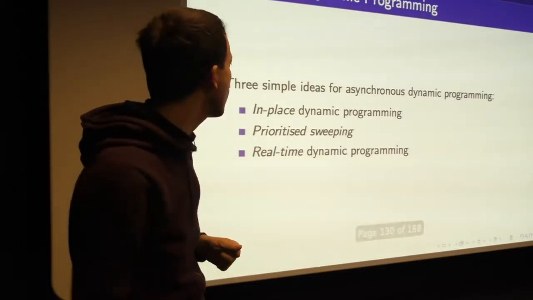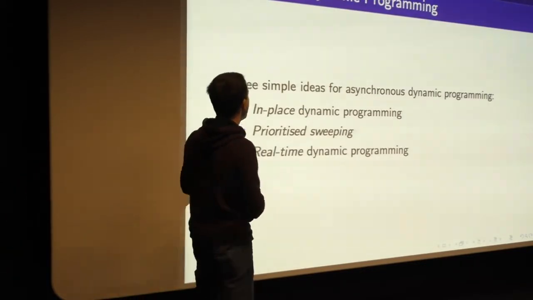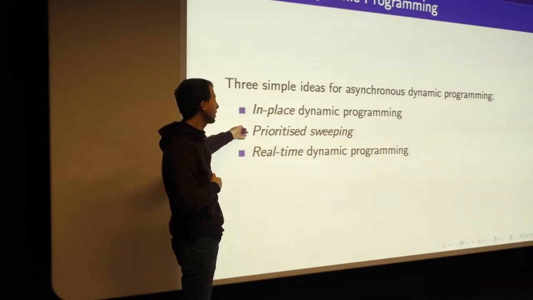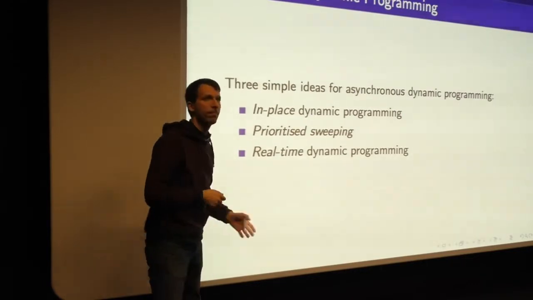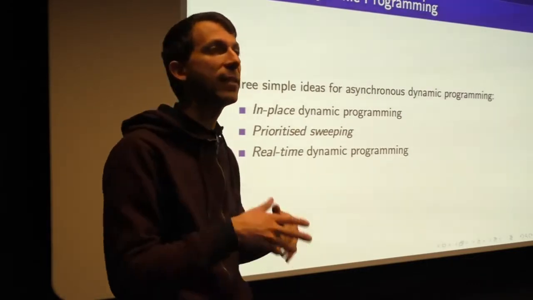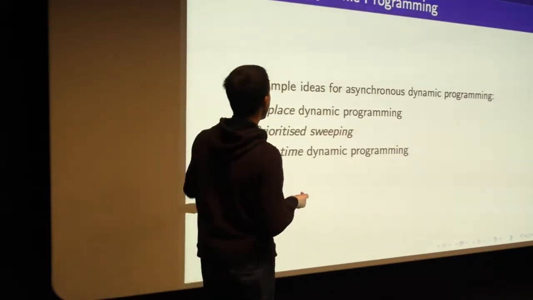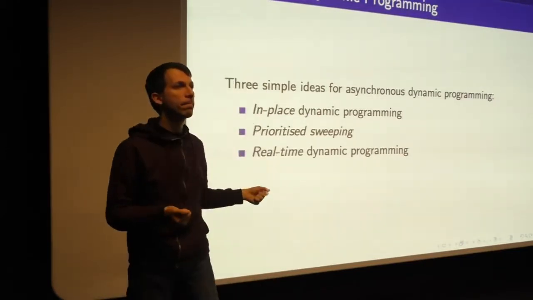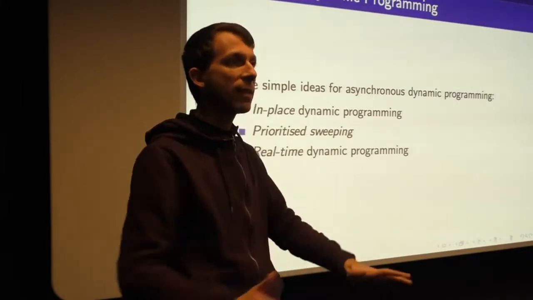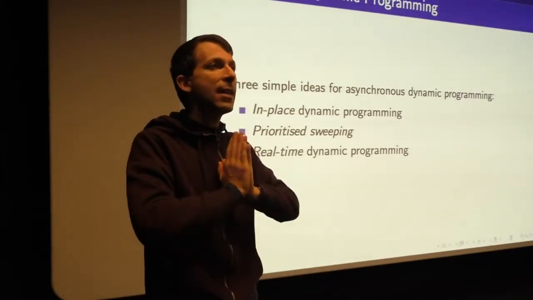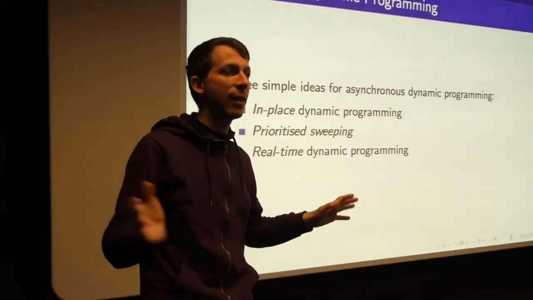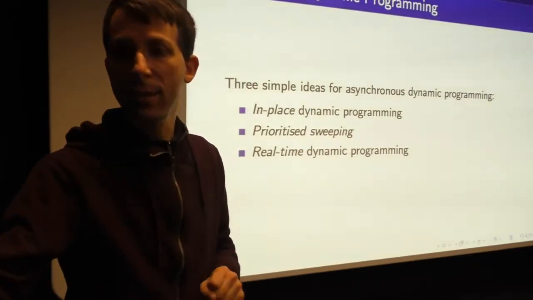Okay, so we're going to consider 3 ideas very briefly: in-place dynamic programming, prioritized sweeping, and real-time dynamic programming, all of which are asynchronous methods. They are basically different ways to pick which states we're going to update. So we're just not going to do complete sweeps. We're not going to naively update every single state in our state space and incur that big cost we just saw in the last slides.